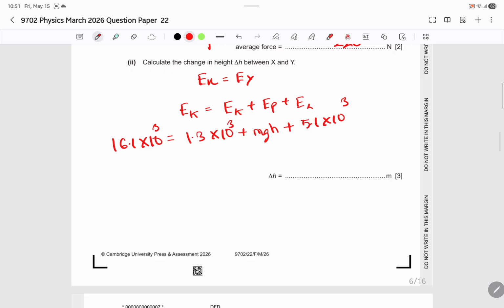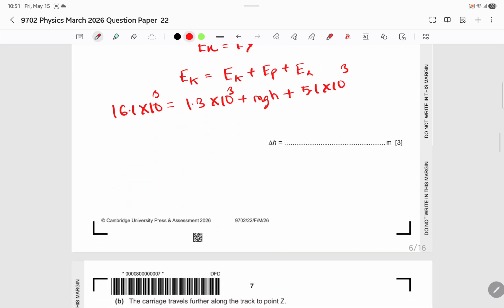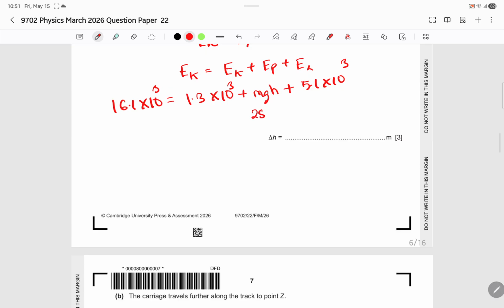The mass we already know is given here, 280. So 280 times 9.81 times h.